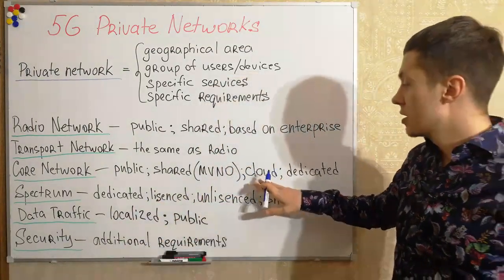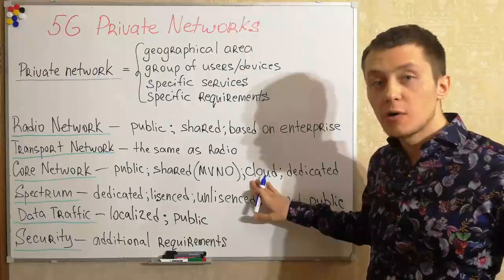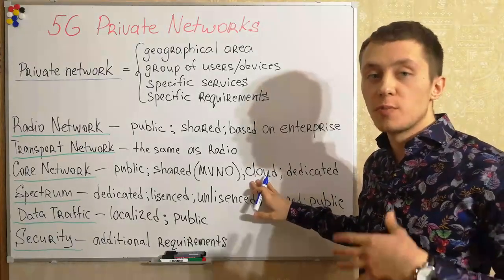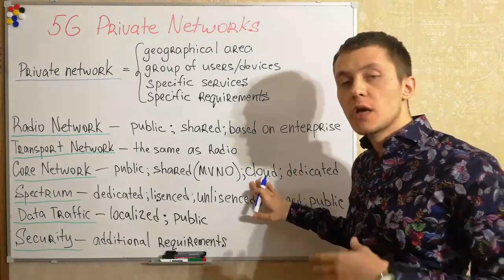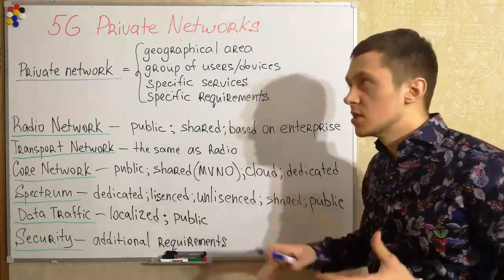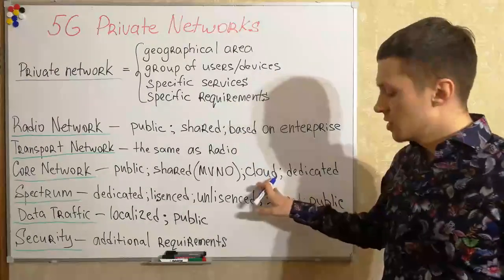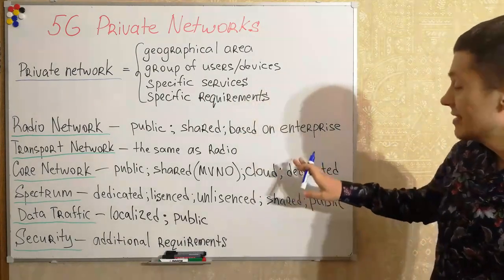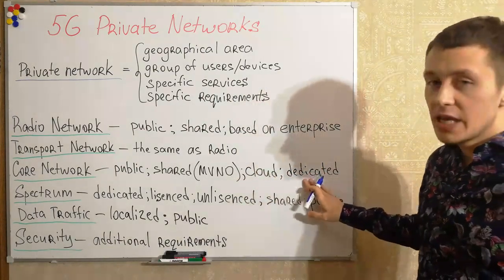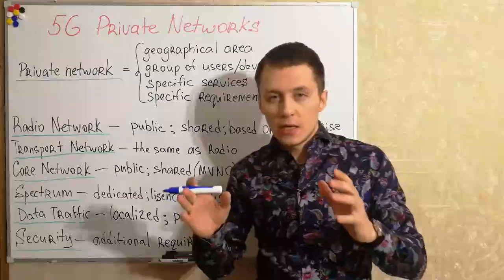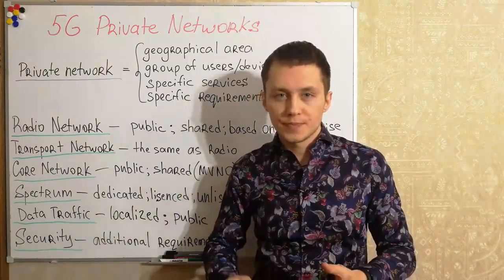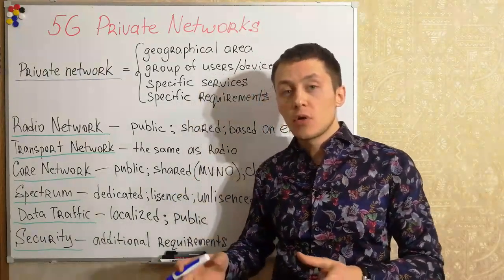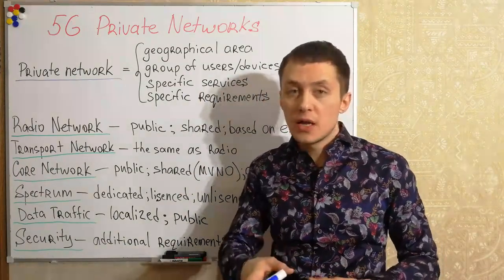The core network can be based on cloud solutions such as Microsoft Azure or Amazon Cloud. And a core network can be dedicated, so just a rack of equipment localized somewhere inside a manufacturer.